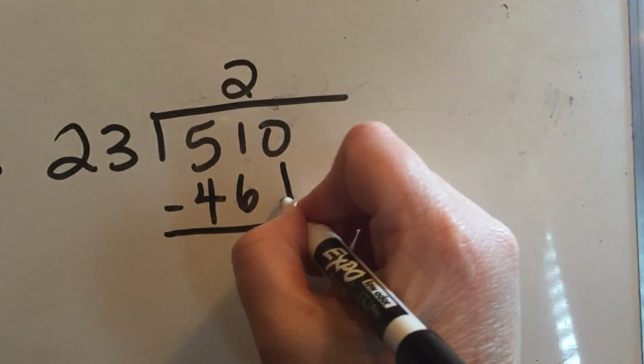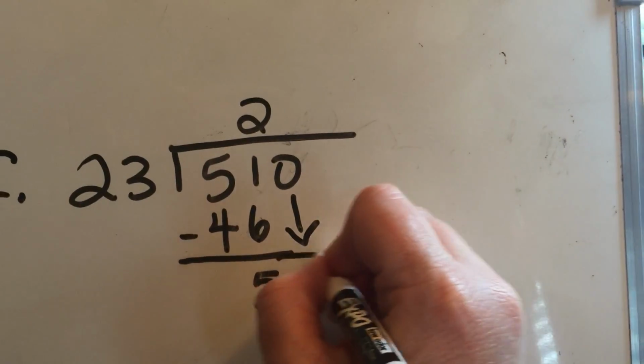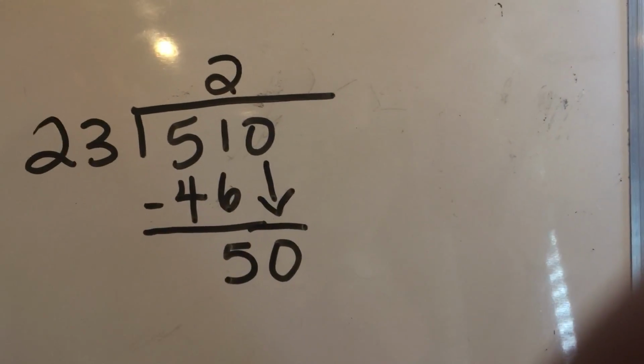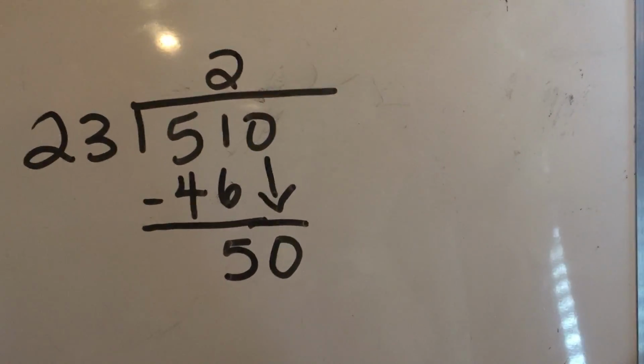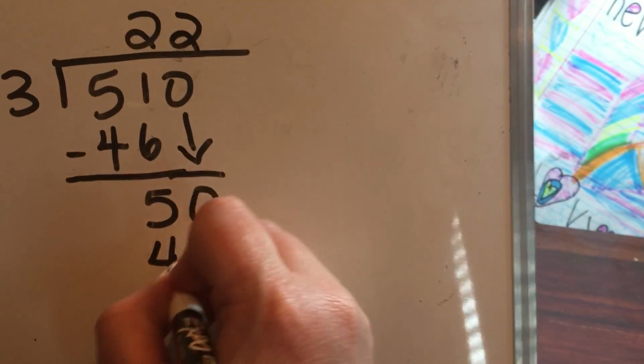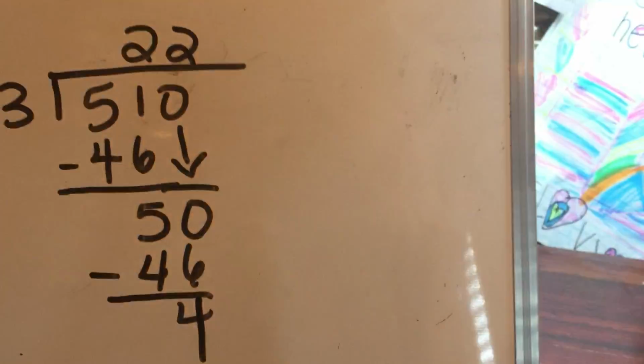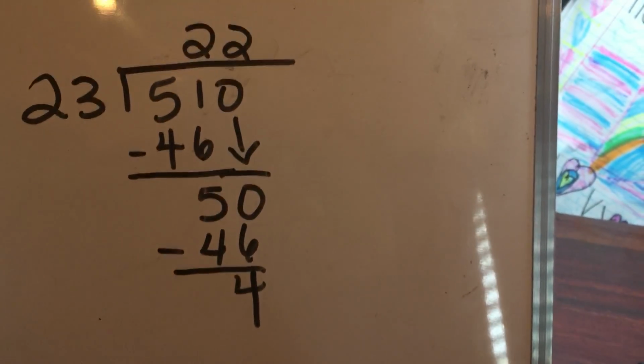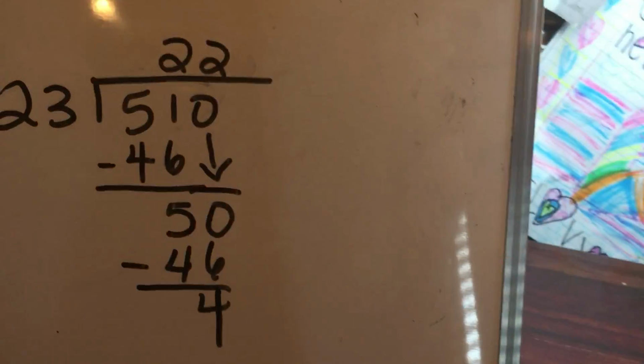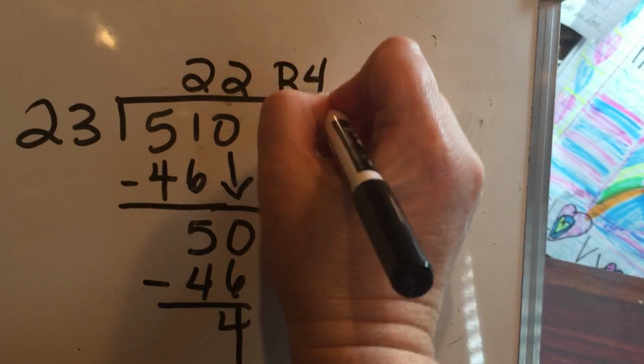Bring down the 0. 23 will go into 50 2 times. 2 times 23 is 46. You have a 4. 22, remainder 4 is going to be the answer to that.